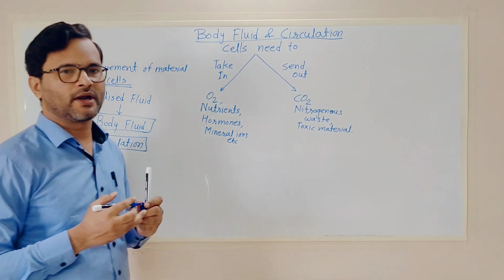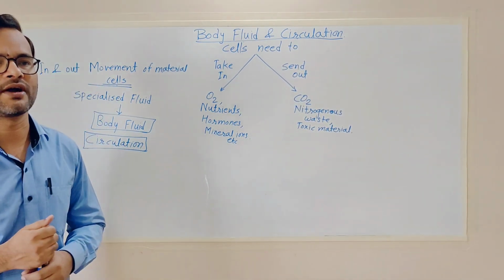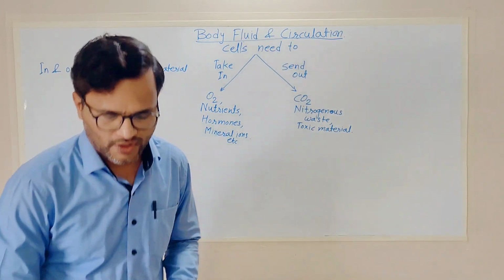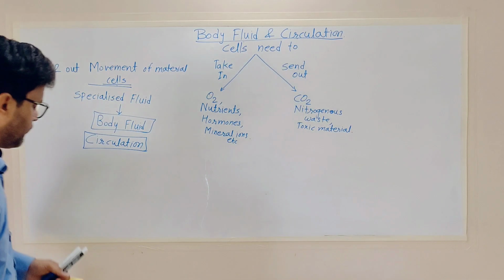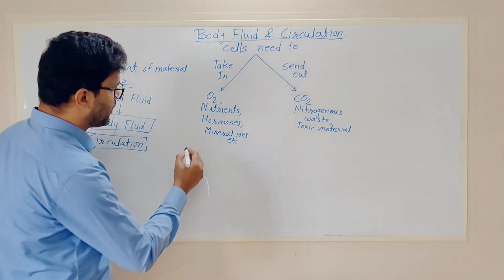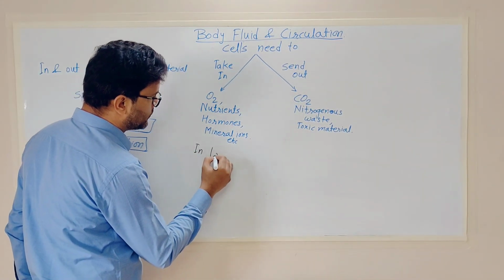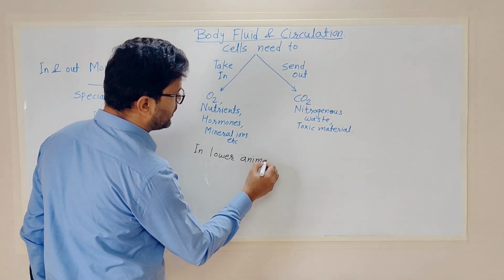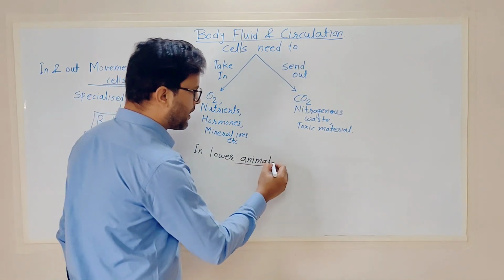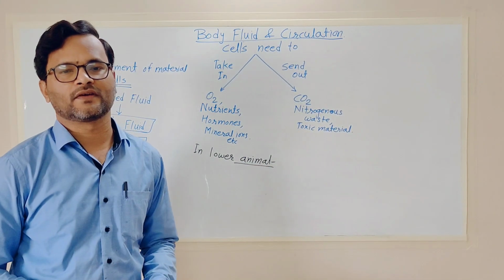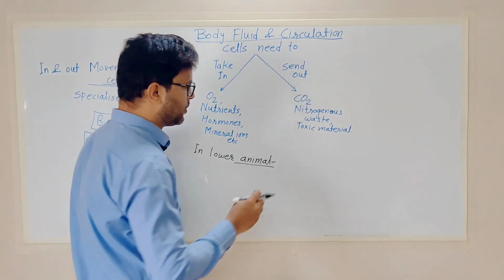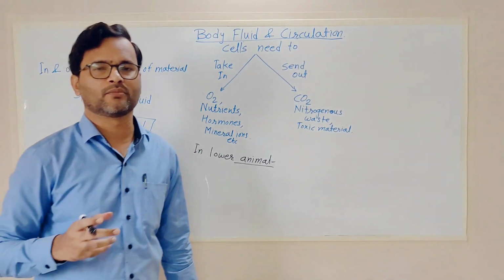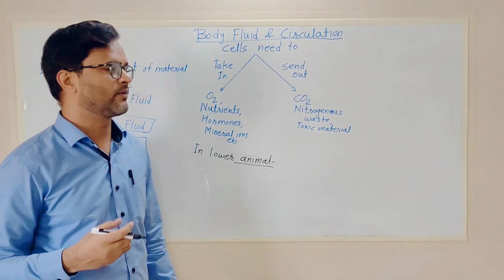Now this movement does not occur the same in every organism or every animal. In some organisms, basically in lower animals, we will discuss only animals. In lower animals, this movement is performed by only the cells, because they do not have an organ system, or they do not have the organs to perform this function.